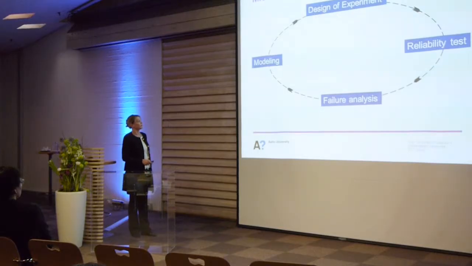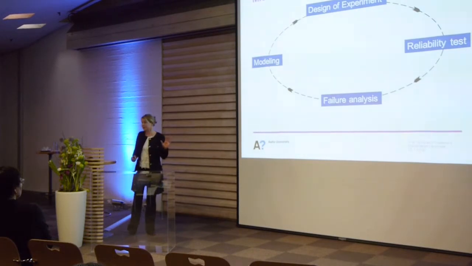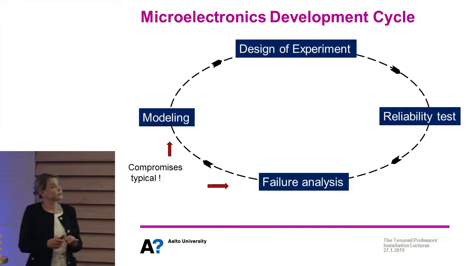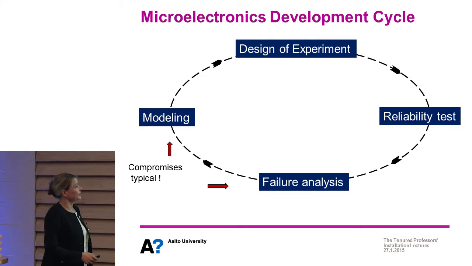We do a failure analysis, and that's what we do. And I would say pretty much all the companies do not do this, and even, sadly, quite many research institutes do not do that. What they compromise is modeling and failure analysis.